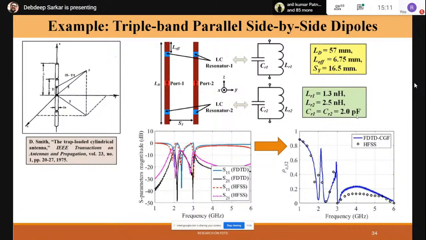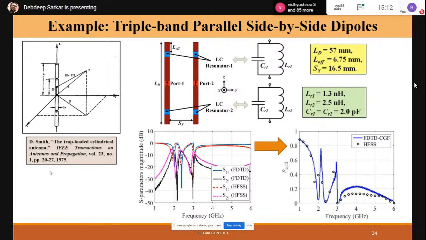So we validated our algorithm for several situations. One was whether we can analyze the multi-band antennas used in modern day systems. We used the same two dipole concept, but loaded the dipoles with LC resonators, the concept of trap loaded dipoles. Some groups, even we did some work, claimed these antennas to be metamaterial antennas, but they are nothing but simply resonator loaded antennas that give you the multi-band response.